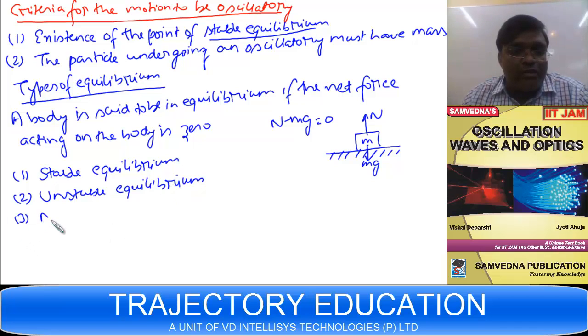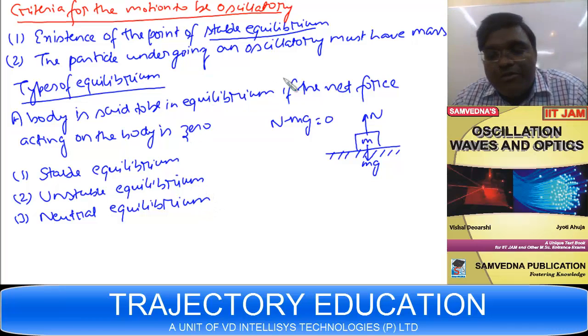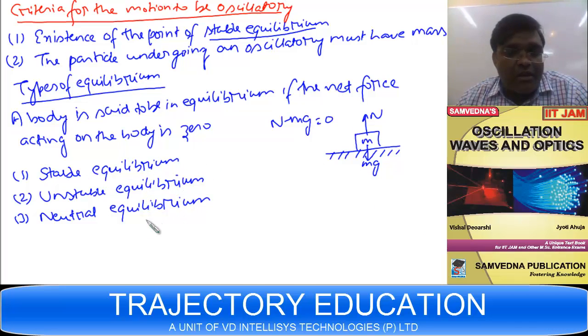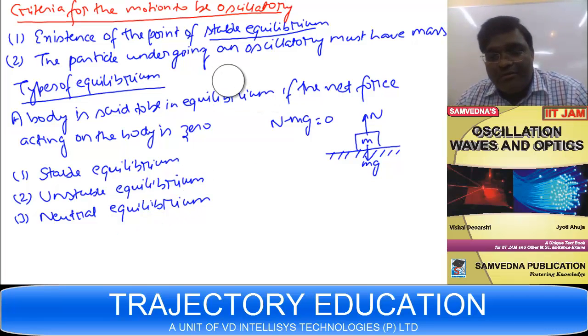And third is called neutral equilibrium. I'll take a good example and discuss what is stable equilibrium, what is unstable equilibrium, and when do you call the equilibrium to be neutral.